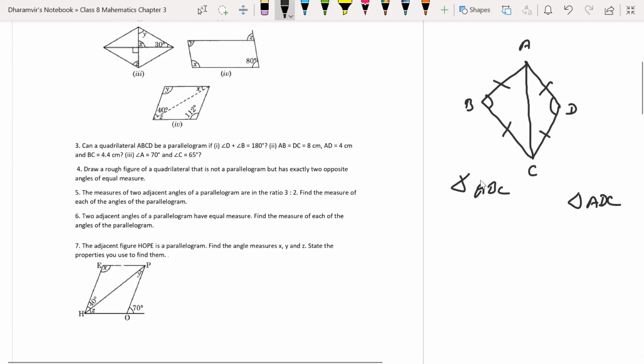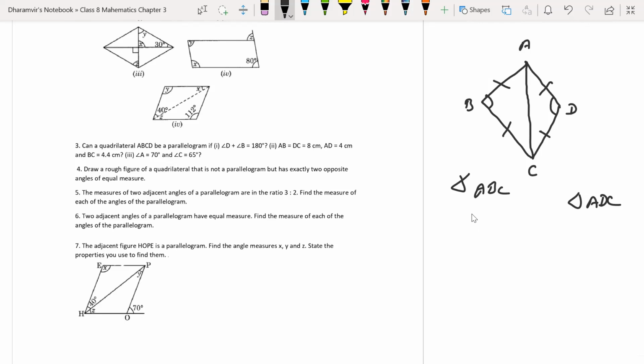AB and AD are equal, BC and CD are equal. AC is common to both. So these are known as congruent triangles. ABC and ADC are the congruent triangles. Hence, corresponding parts of congruent triangles are equal.